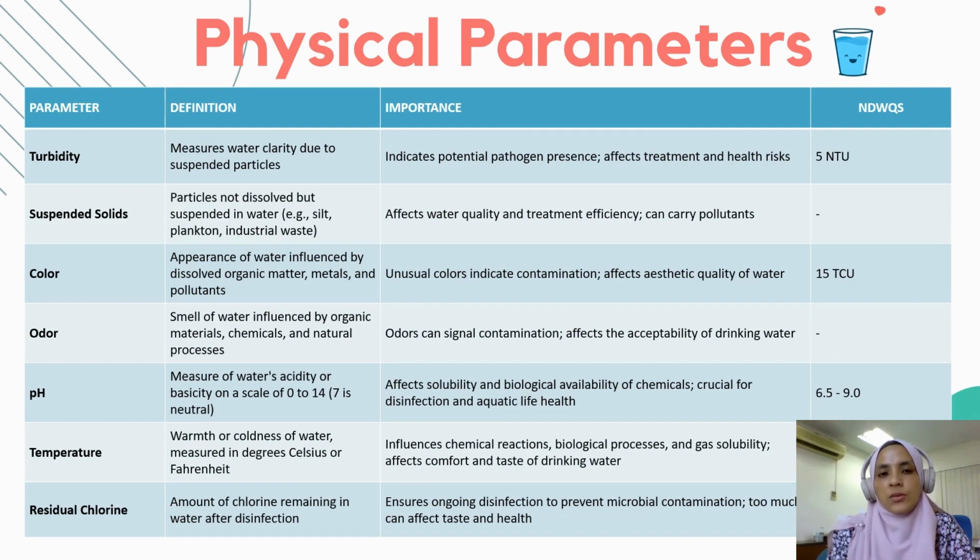The standard for residual chlorine is between 0.2 and 5.0 milligrams per liter. Okay, so monitoring these physical parameters ensures that drinking water is safe, palatable, and free from contaminants, thereby maintaining public health and environmental quality.